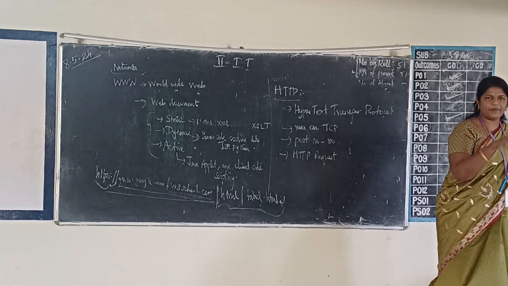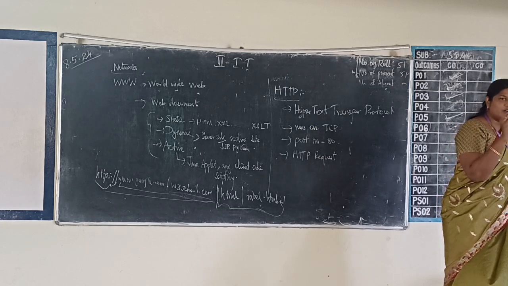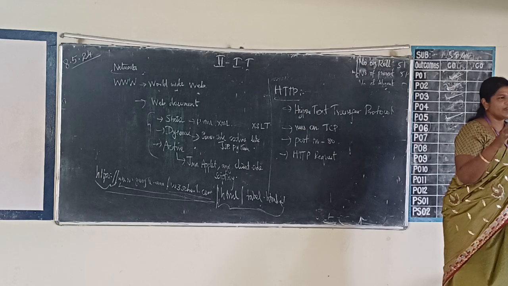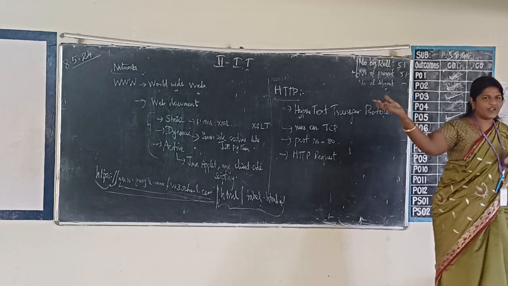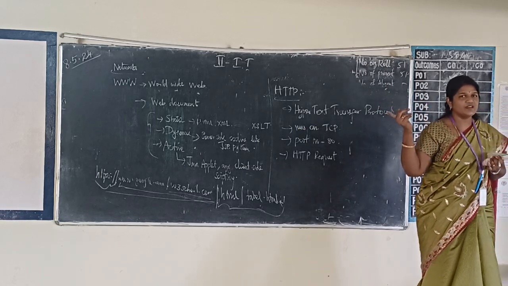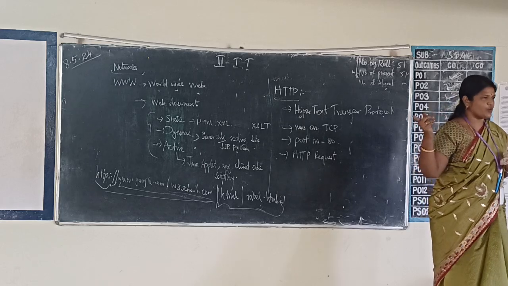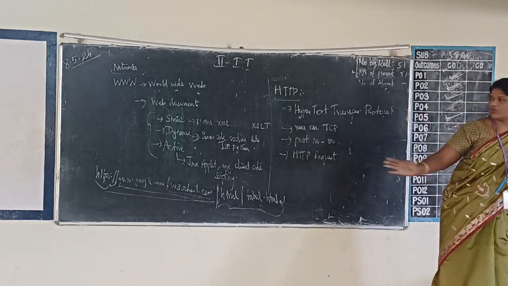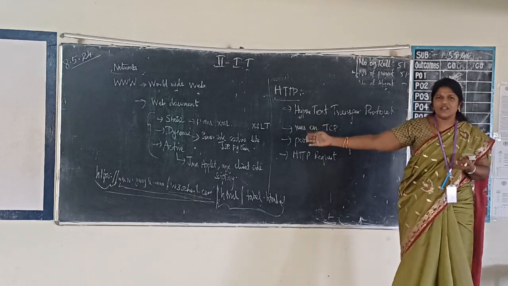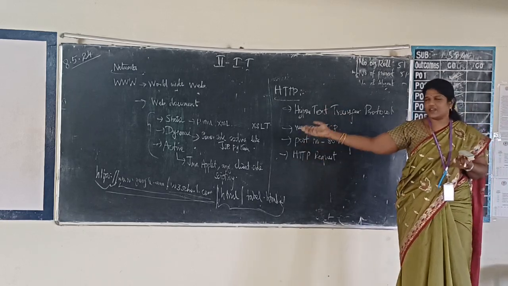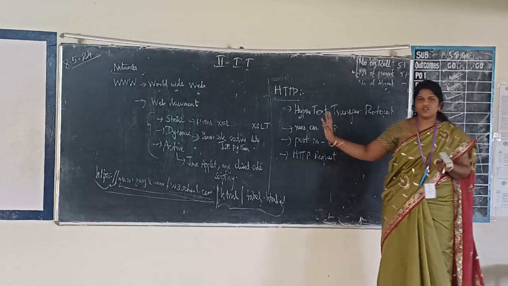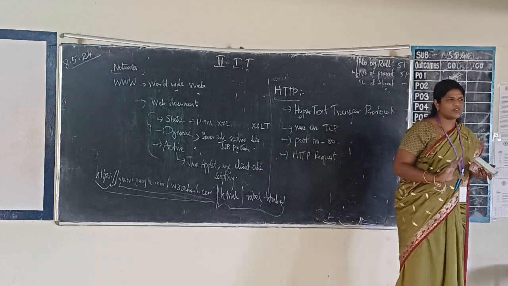Whenever you do a banking transaction, the amount is credited and it is updated in the database. This all happens at the server side. So that is server side programming. So based on the nature, we categorize the data as static, dynamic, and active pages. Right? So this is about what the World Wide Web is.